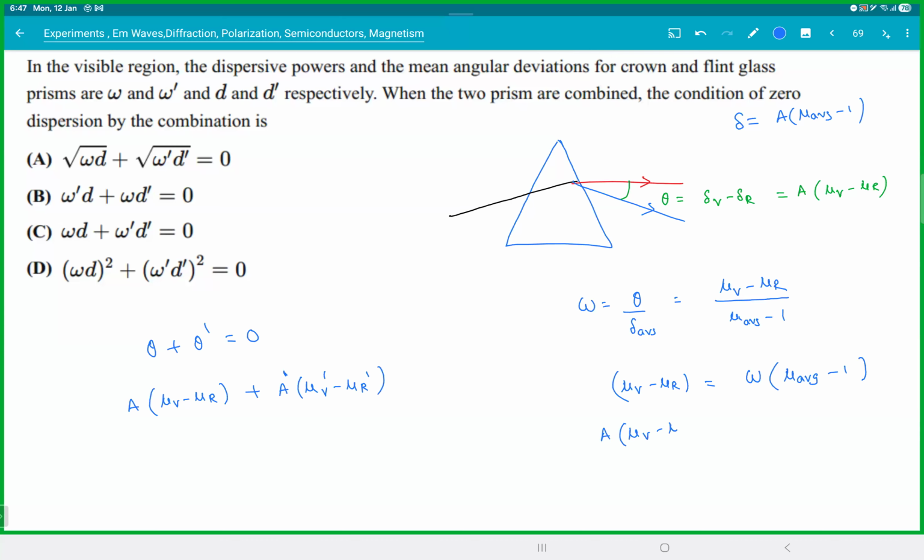A into mu v minus mu r would be omega into A into mu average minus 1. That becomes omega into deviation. Therefore, omega into d plus omega dash into d dash is equal to 0. Third option.